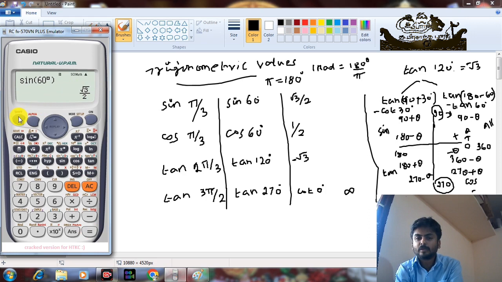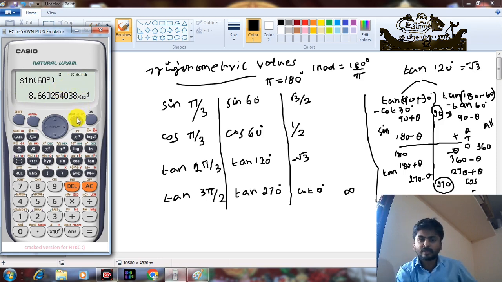The answer here is 8.660254038, so with 10 to the power of minus 1, that is 0.86 something.